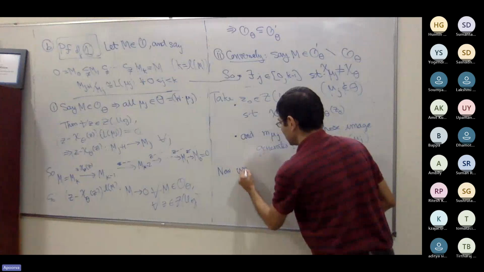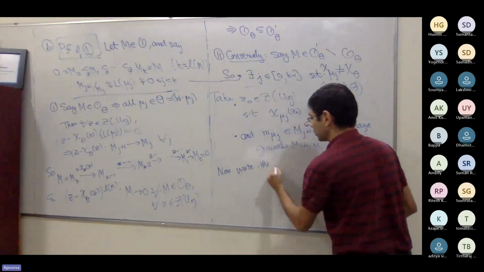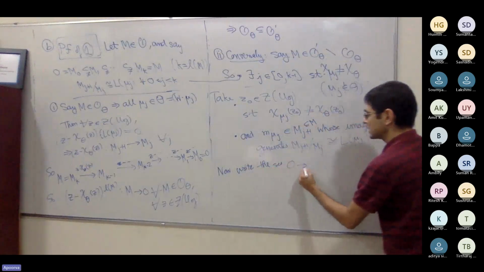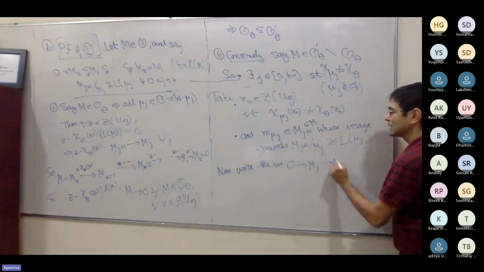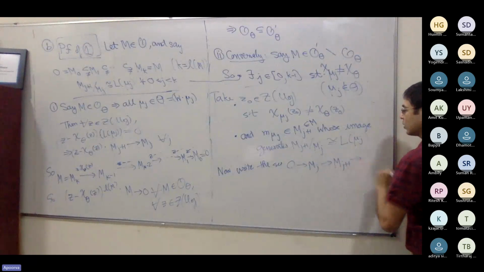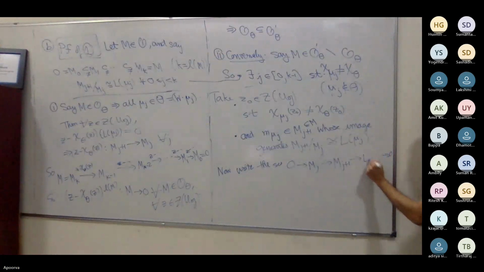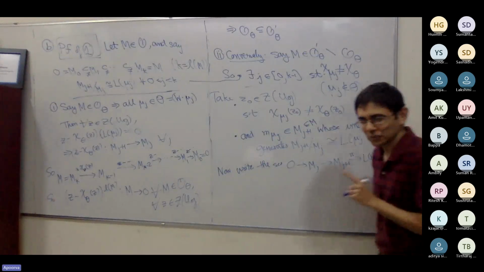Now write the short exact sequence and calculate. What is the short exact sequence? It is M j sitting inside M j plus 1, surjecting onto the quotient, and I need to use the symbol pi.